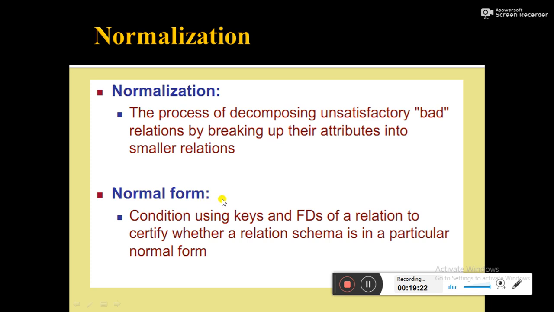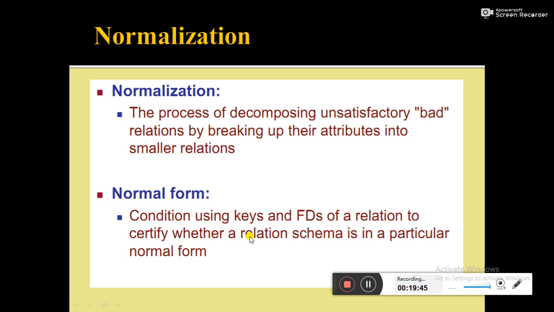And now, what is a normal form? Different kinds of normal forms are there in normalization. 1NF is the first normal form, 2NF is the second normal form, 3NF is the third normal form, then BCNF, Boyce-Codd normal form, then 4NF, then 5NF.